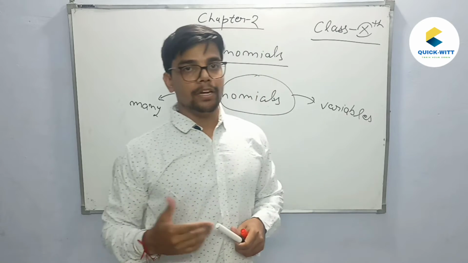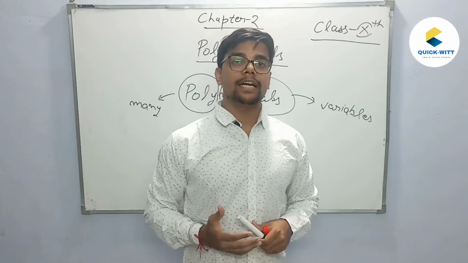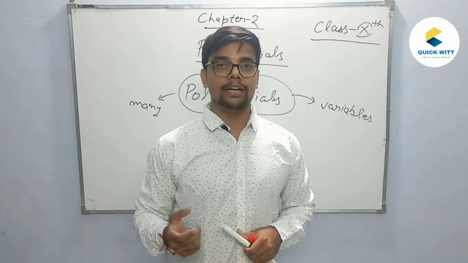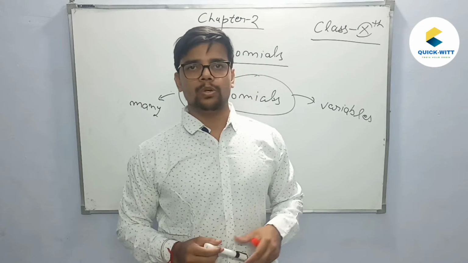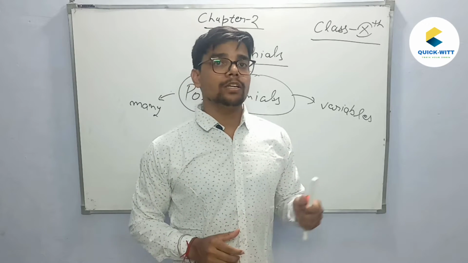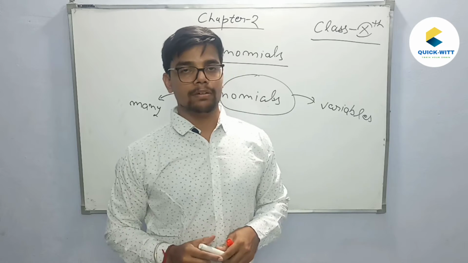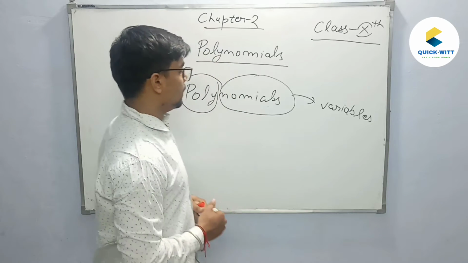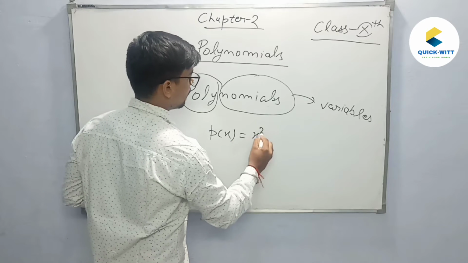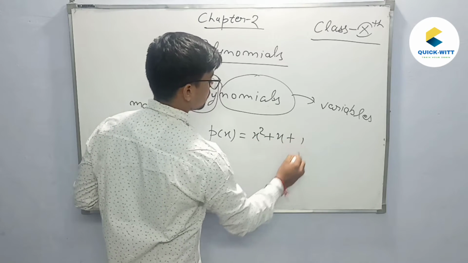In previous classes, you learned about the addition of polynomials, subtraction of polynomials, division of polynomials, and zeros of polynomials. Today we are going to understand what is the use of zero of a polynomial. So you can write a polynomial like this: P(x) equal to x square plus x plus 1.